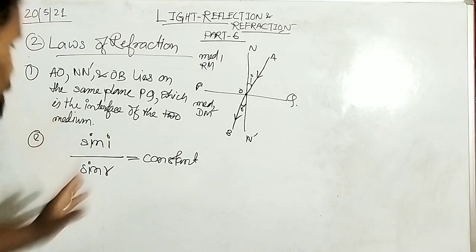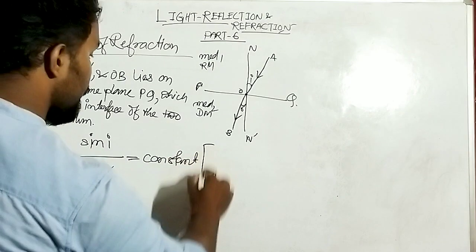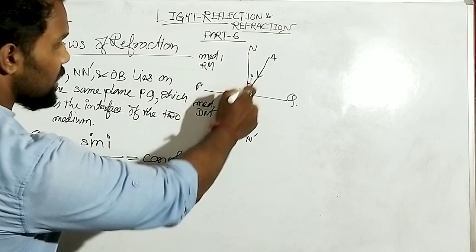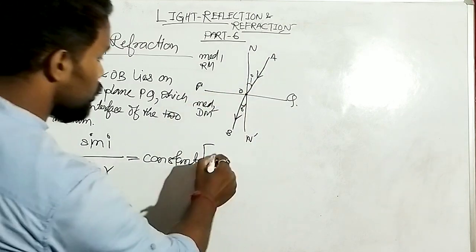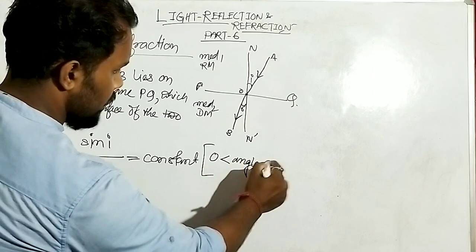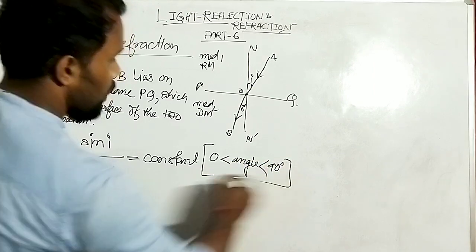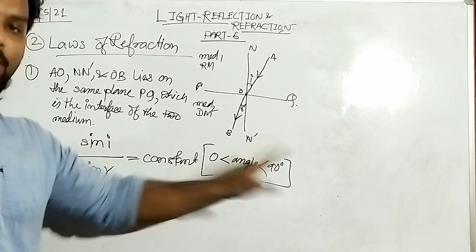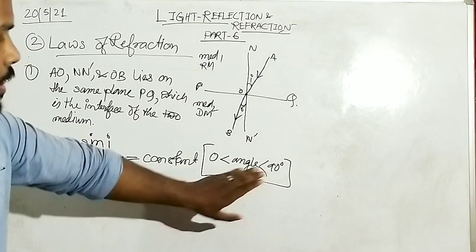But this is constant and this is true for a certain range of angle of incidence and angle of refraction. That angle should be greater than 0 degree but less than 90 degree. So this is the main thing.